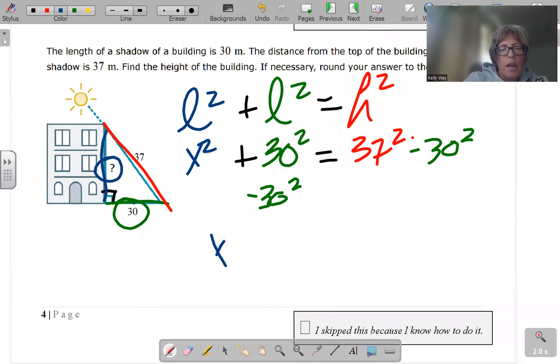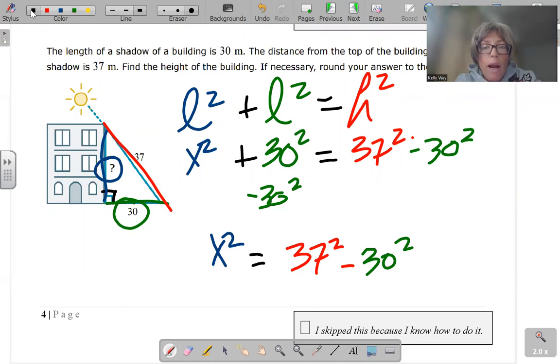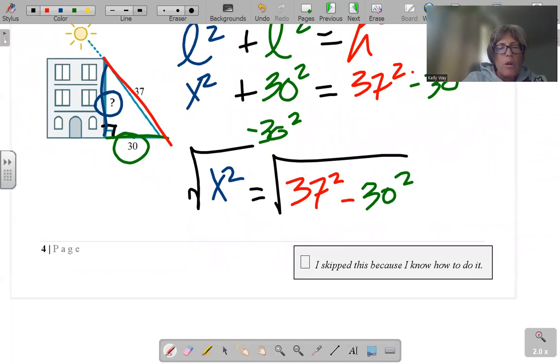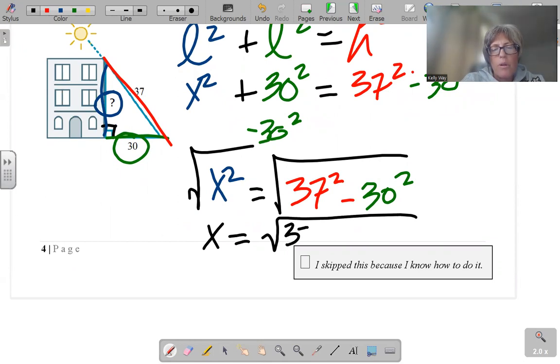So you have x squared equals 37 squared minus 30 squared. To undo a square, you square root both sides. So we have x equals the square root of 37 squared minus 30 squared.